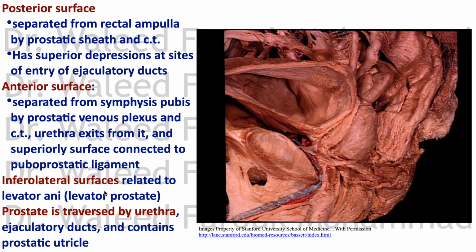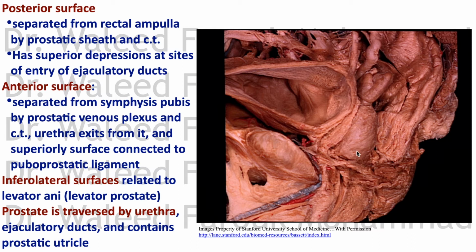The infralateral surfaces are related to the levator ani, or in this part, the levator ani is called the levator prostati muscles. We talked about this with the arrangement of the pubococcygeus part of the levator ani, the part where it forms sphincter vaginae in females and levator prostati in males.